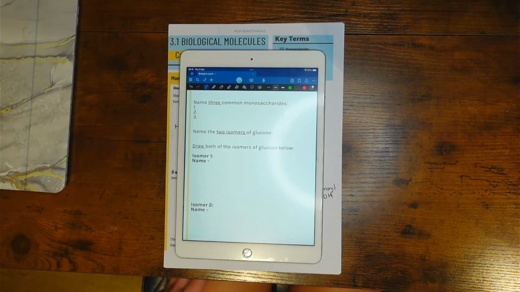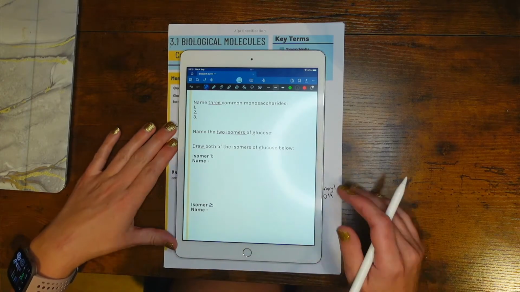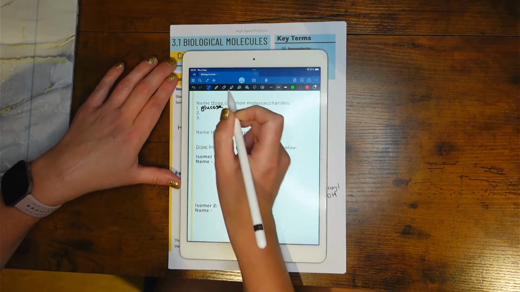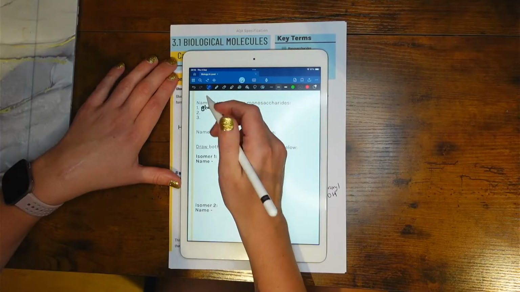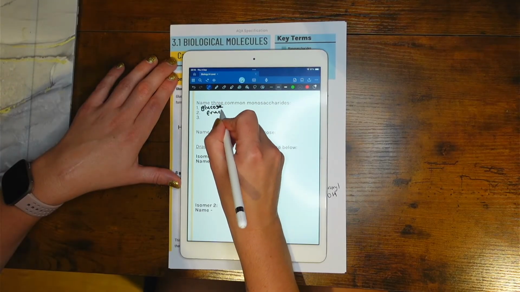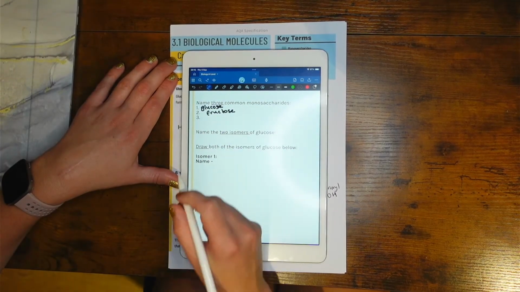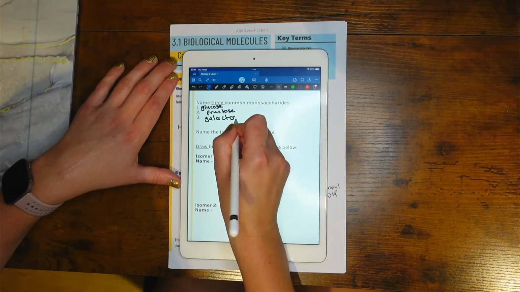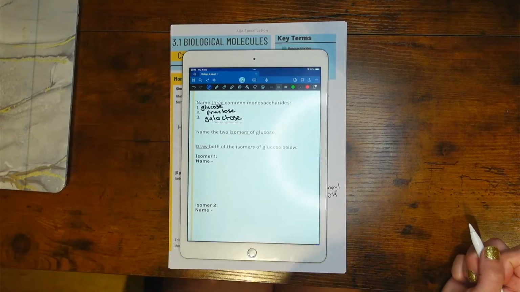Lots of answers there on TikTok, brilliant. So I'm going to go for glucose, fructose, and galactose.